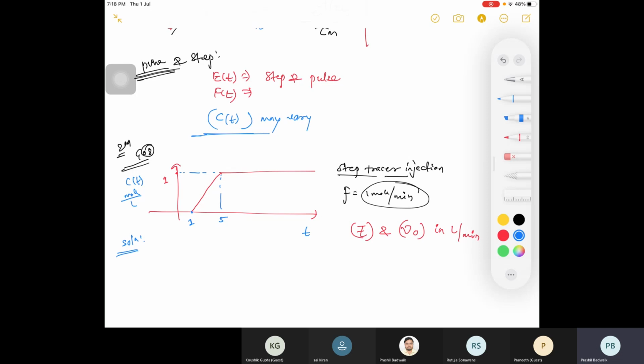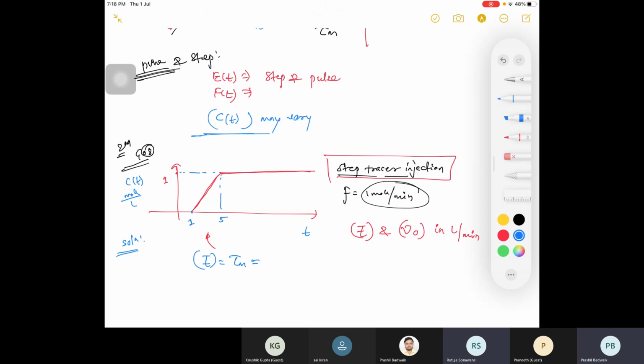In step tracer injection, using this curve or observing this curve, can you please tell what should be this profile? This is C. It is starting from 0 and it is reaching its maximum value. So definitely it is a CSTR, and it is written step tracer injection. So for step tracer injection in CSTR, what is your t mean? Space time. Yes, it is space time.